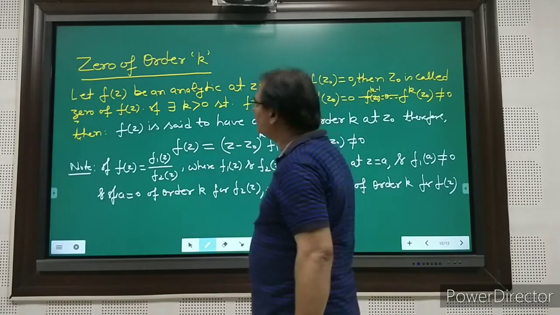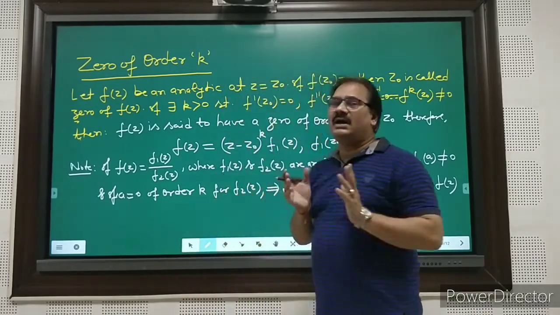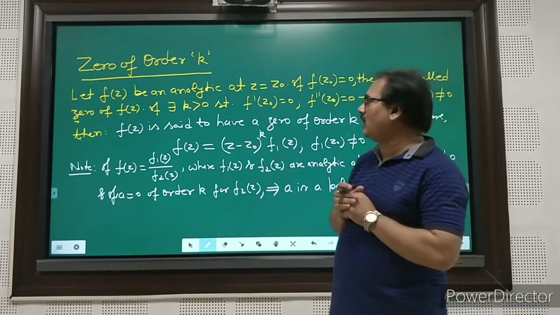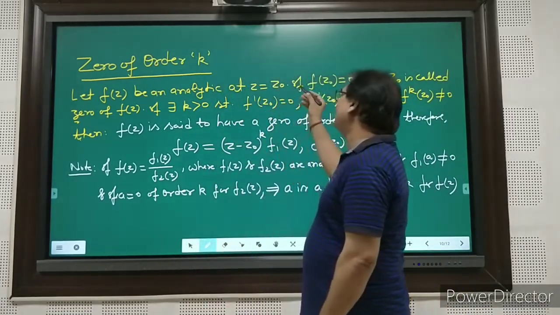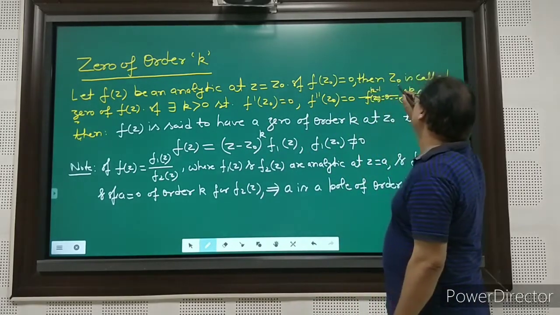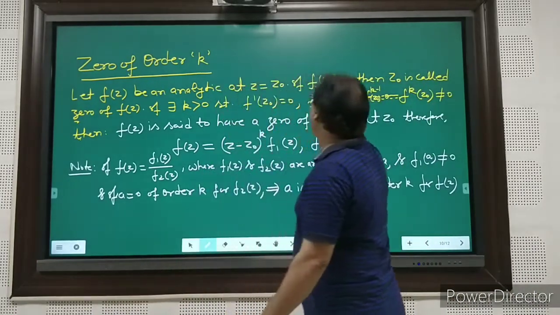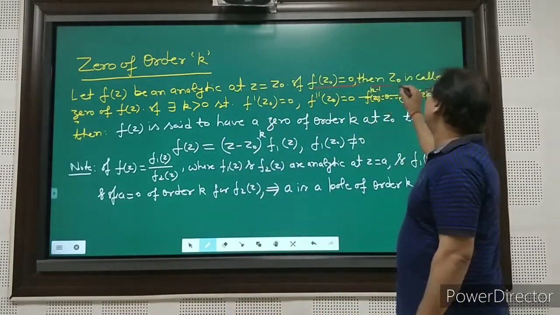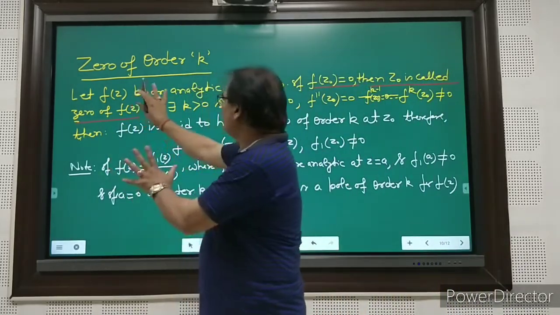Now after this, the last part is what do we mean by zero of order k? Let f(z) be analytic at z is equal to z0. If f(z0) is 0, then z0 is called a zero of f(z). Mind it, if f(z0) is 0, then z0 is called the zero of f(z).